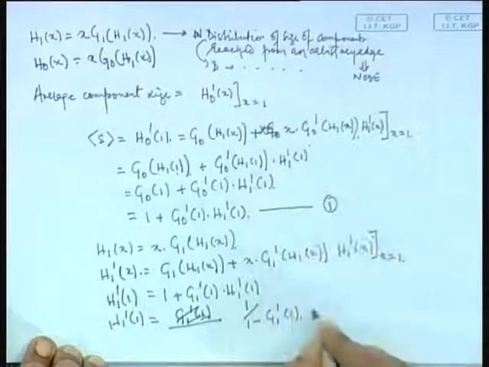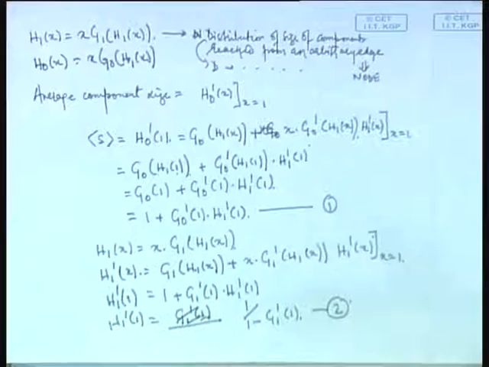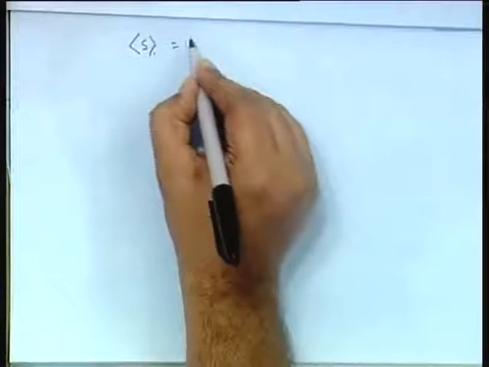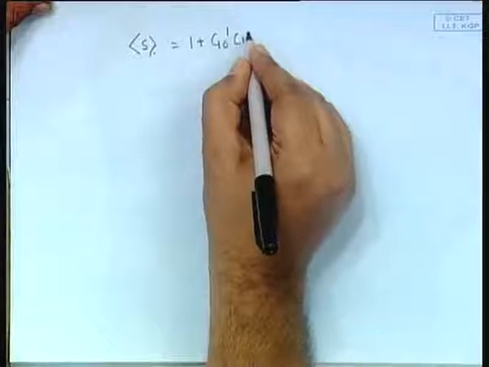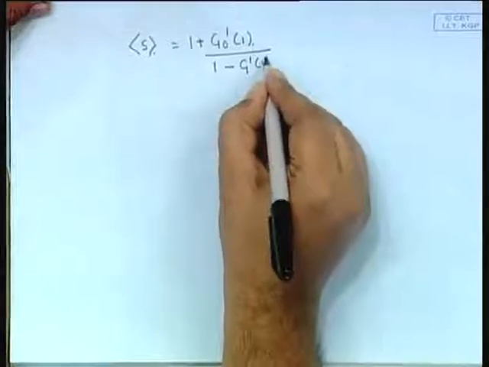So, 1 and 2. No problem. Once you have this 1 and 2, S becomes 1 plus G0'(1) by 1 minus G1'(1).